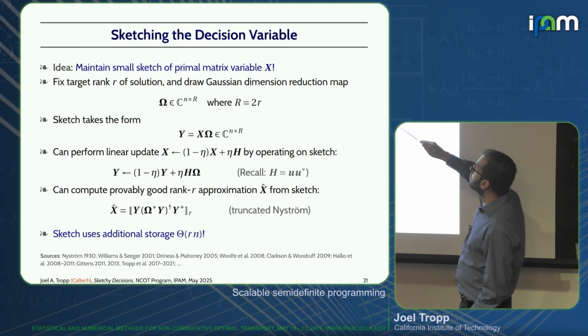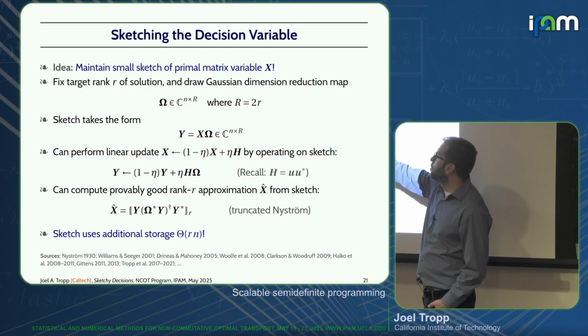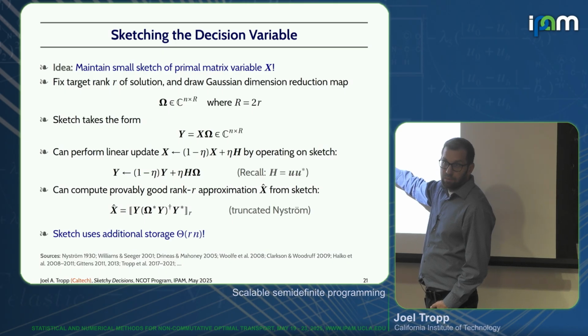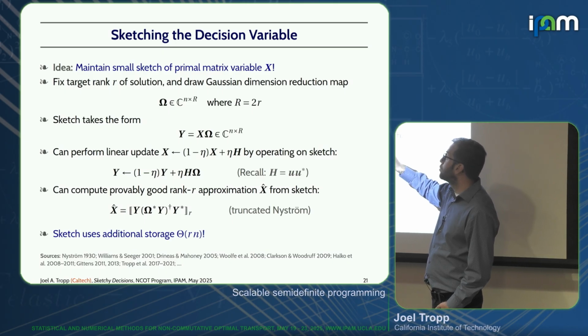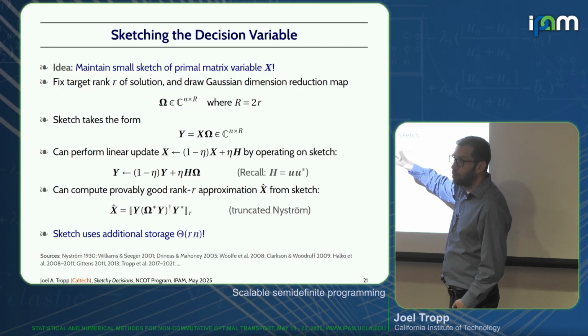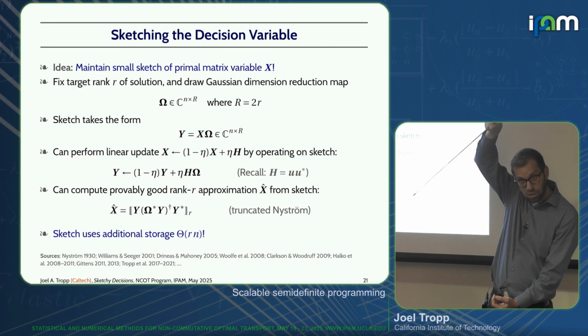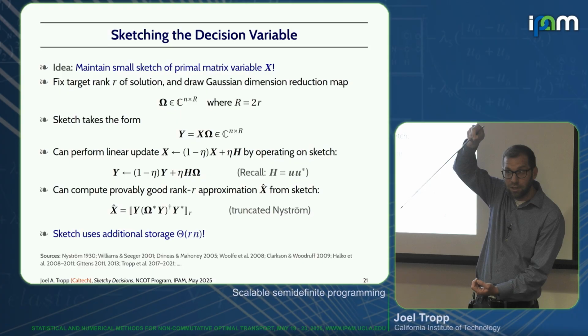And at any given time, when the decision variable is X, the sketch is going to be of the form Y equals X omega. So we're just going to keep track of the product of the decision variable, the matrix, with the sketching matrix omega. So Y is going to be a tall matrix, and that's what we're going to watch.